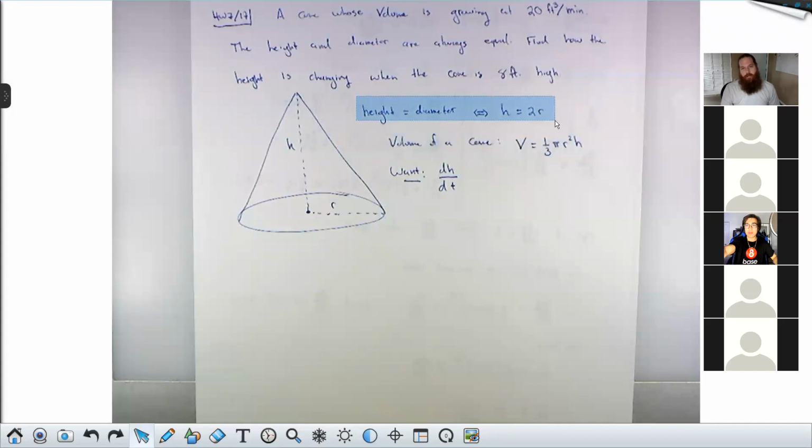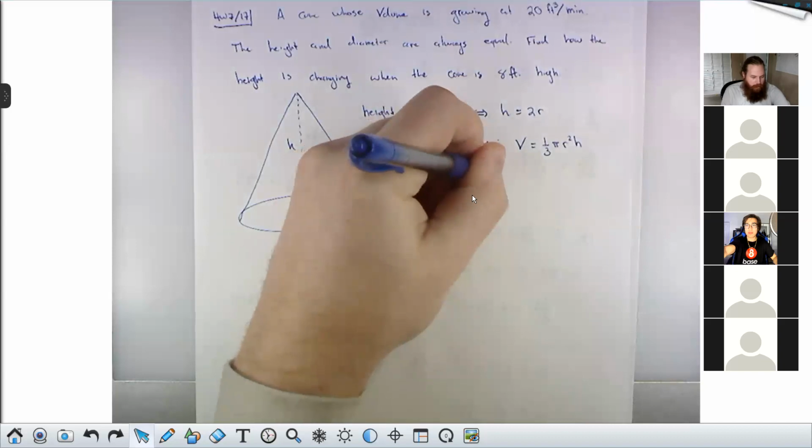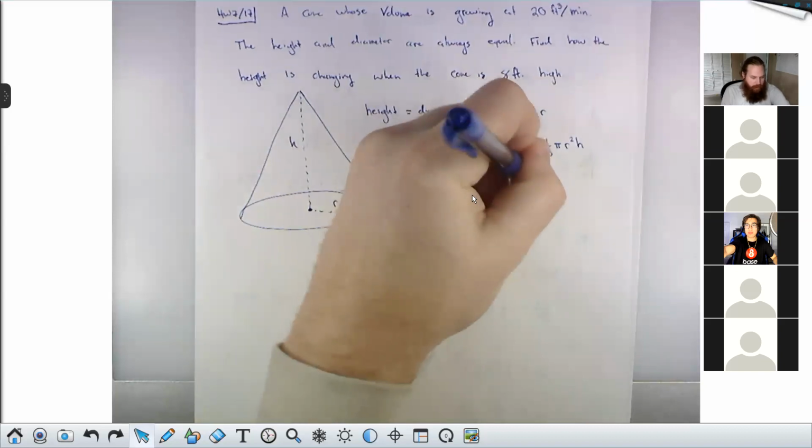That means H is always 2R. And the volume of a cone is clearly important here because we're told that the volume is growing at a certain rate. The volume is one of the important things discussed here. So write down any obvious algebra statements that come from the problem, draw your picture, and then identify what it is you're after. I want dH/dt when H equals 8.